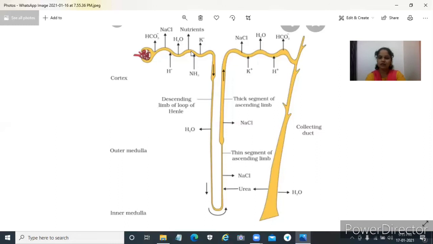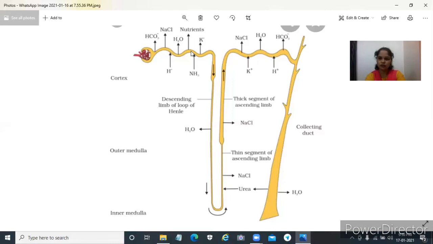That's why they need energy. It means they flow from lower concentration to higher concentration. Only that's why they need the energy. So 99% is absorbed here.